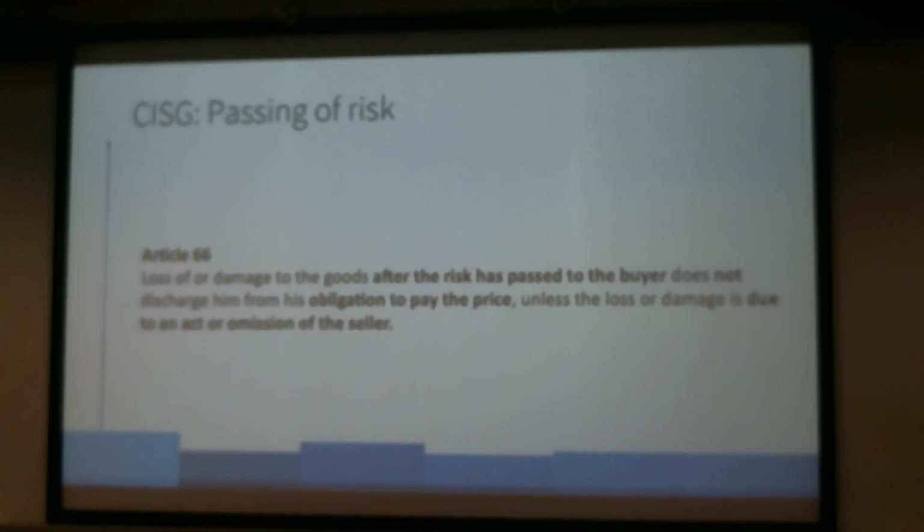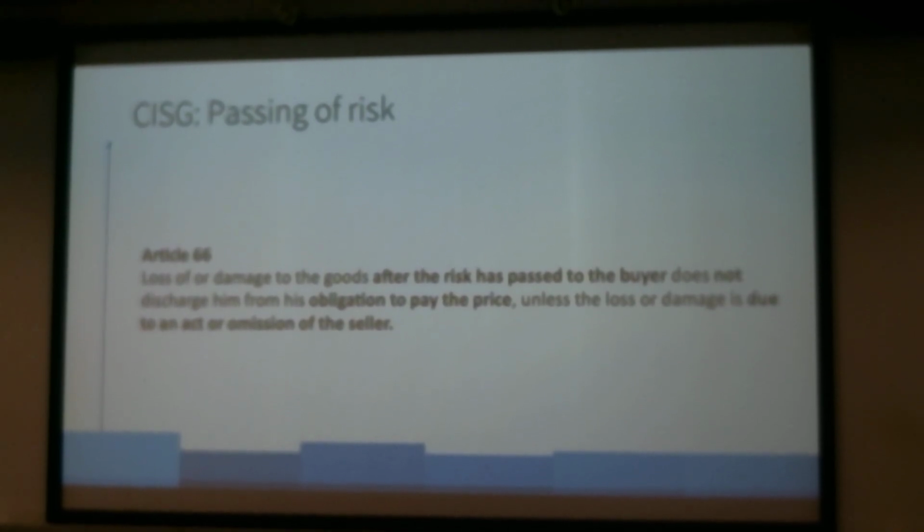And the first rule, which we find in 67, tells us that if Apple is to hand over the goods to somebody like a carrier, I'm using always FedEx as an example, mostly because they are truly horrible. But let's say the contract requires us to hand over the goods to FedEx.